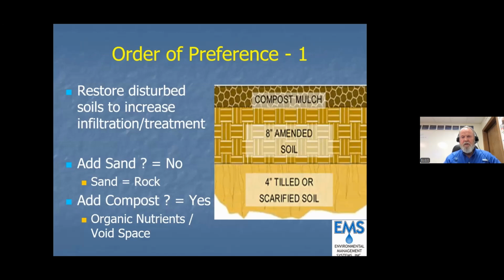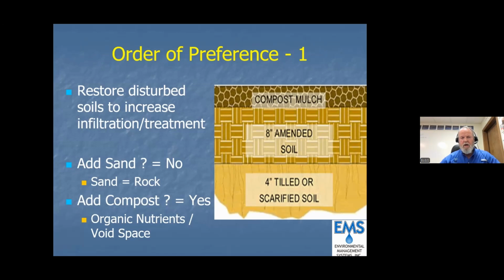So there are several things that can be used in somewhat of an order of preference, at least in Oregon. One of them is to use the natural soil, maybe use some compost, and if necessary, amend the soils. Some people think if you add sand, you're going to improve the ability of the soil to accept moisture, but that's not the case.